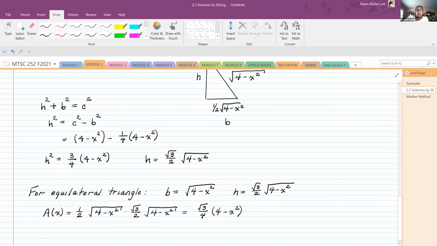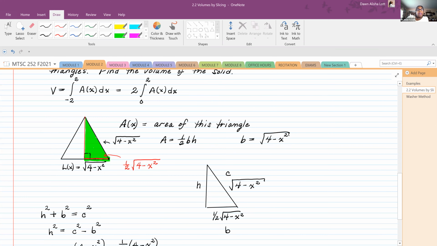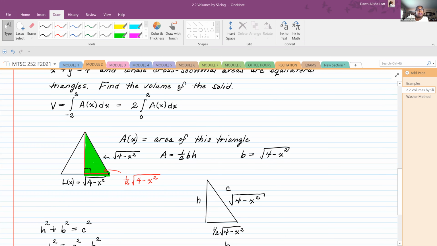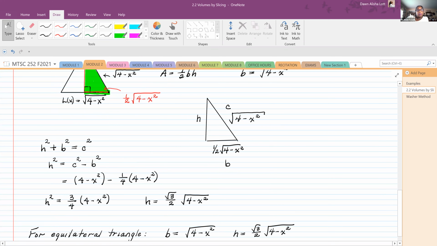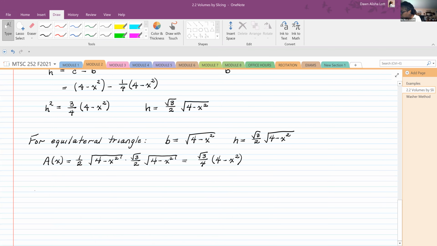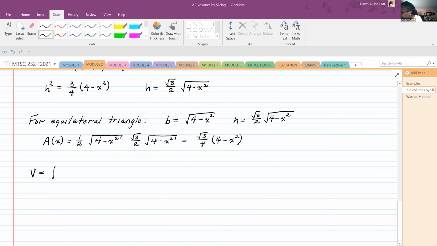Okay. So now that we found the area, I know that the volume of the solid is the integral from -2 to 2 of the area of x dx. But we said that's the same as 2 times the integral from 0 to 2 of the area.